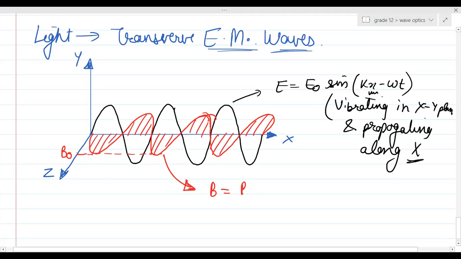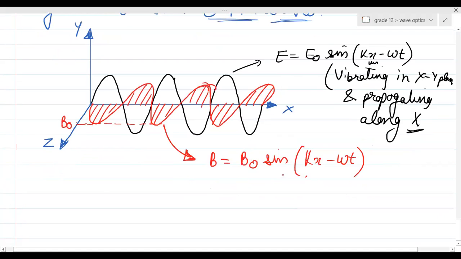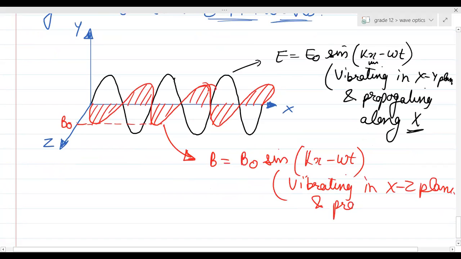B equals B naught sine of kx minus omega t. Omega is the same for both of them. This is vibrating in the xz plane and propagating along x. Okay?